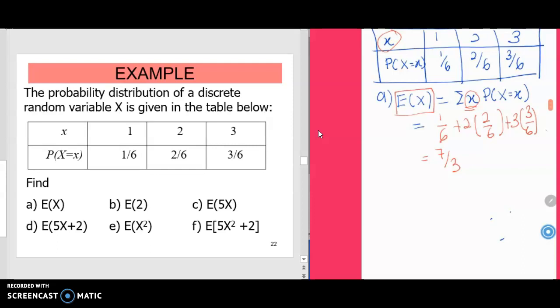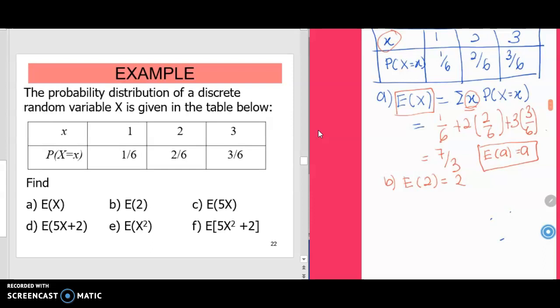Now question B. We have E(2). So we can refer to the properties. Property: expectation of a is equal to a, right? So expectation of 2 is equal to 2.